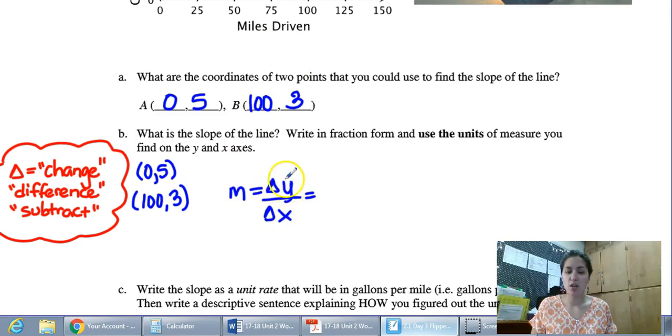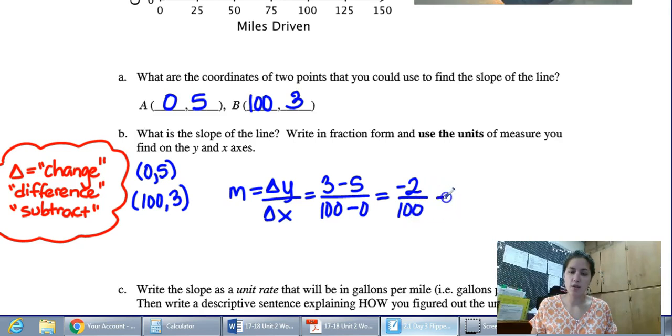So change in y values, we are going to subtract 3 minus 5, divided by 100 minus 0. And we get negative 2 divided by 100, which simplifies to negative 1 divided by 50.